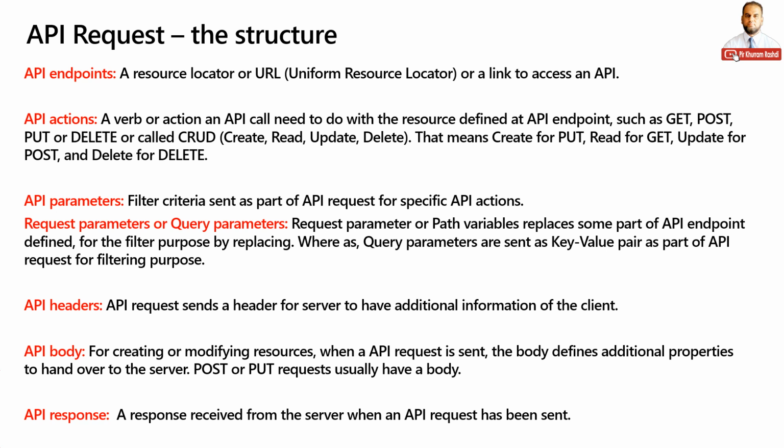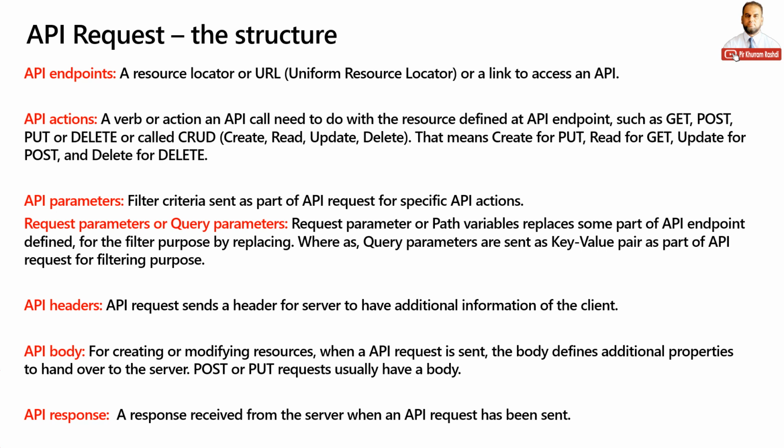CRUD means C for create, R for read, U for update, and D for delete. So it is the same as get, post, put, or delete. Here, create in CRUD means put, read means get, update means post, and delete means delete. So both are the same, whether you call it get, post, put, or delete, or you call it CRUD as a whole.